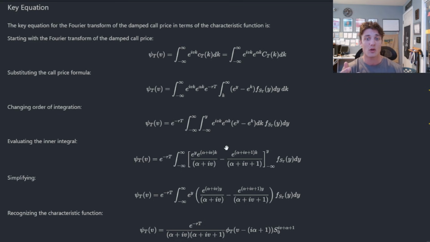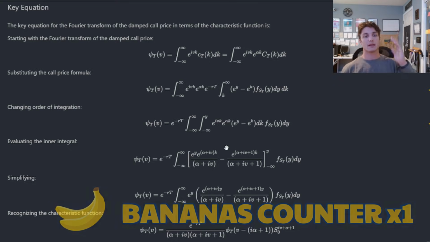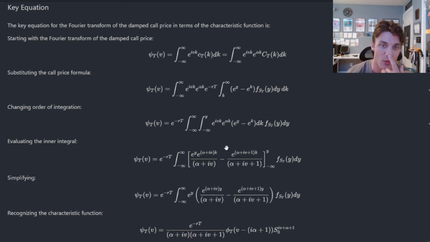And because now we can actually take the Fourier transform and we know the characteristic function of the Heston stock price process, then we can actually just apply the Fourier inversion directly to get the option price. No simulating paths, no approximating PDE solutions via finite differences. We can just go about Fourier inversion of the characteristic function. An absolutely bananas idea. Let's take a look at how we derive this key equation.